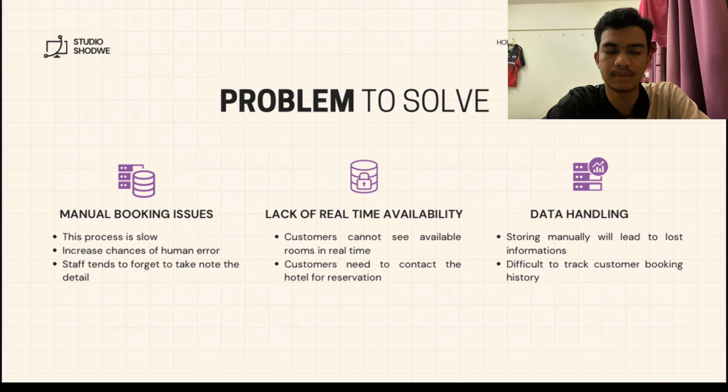And from our staff's perspective, the old system makes it hard to check customer booking history and reference. When our regular customer comes to book again, we actually can look back at their booking history and reference.